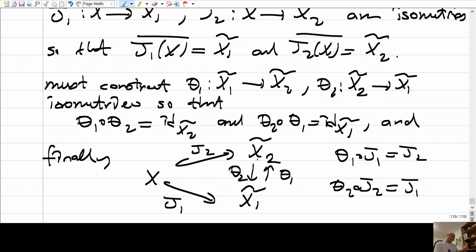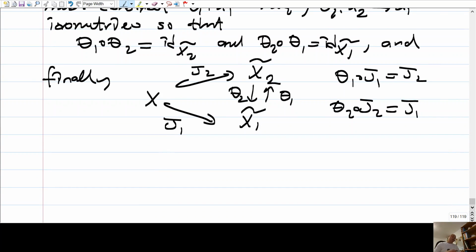So this means x1 and x2 are isometric, and the way they contain x is the same. They both contain x, but the way they contain x is even the same. So this is justified with these conditions.